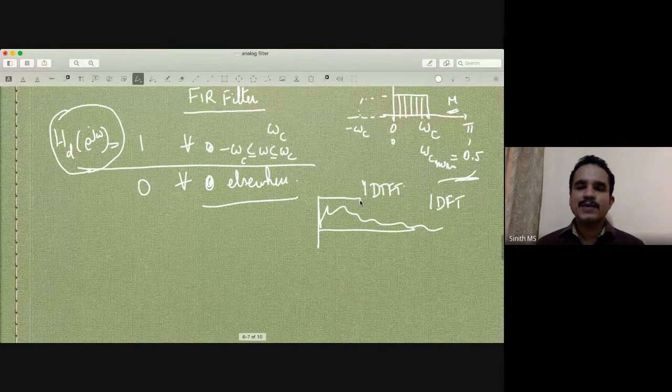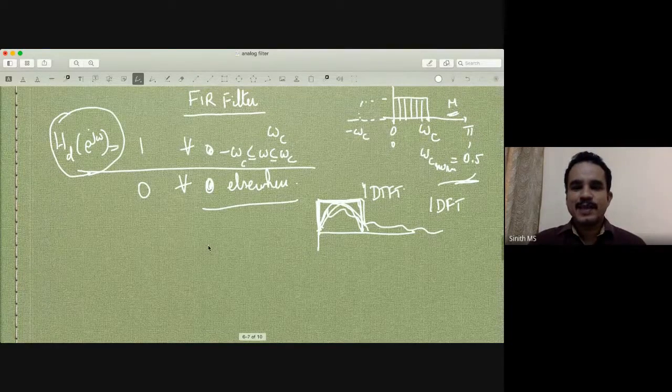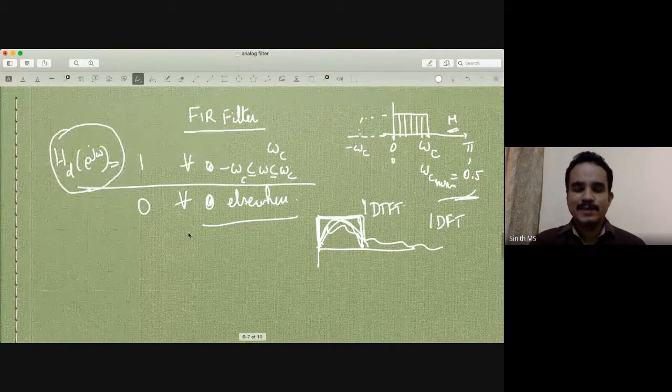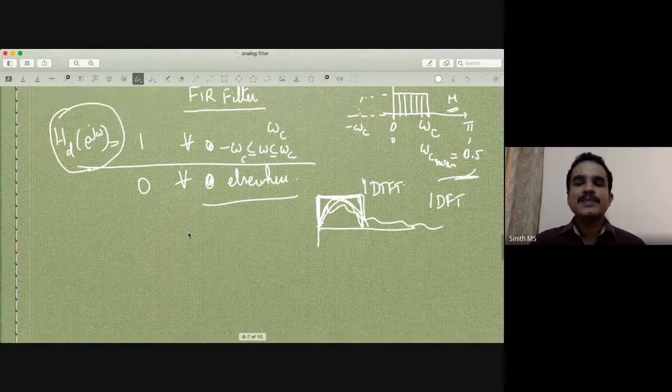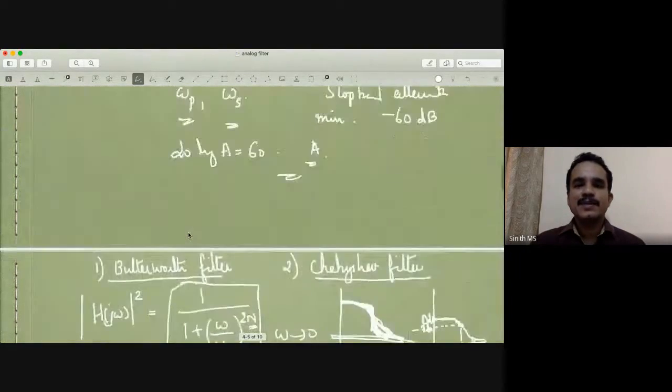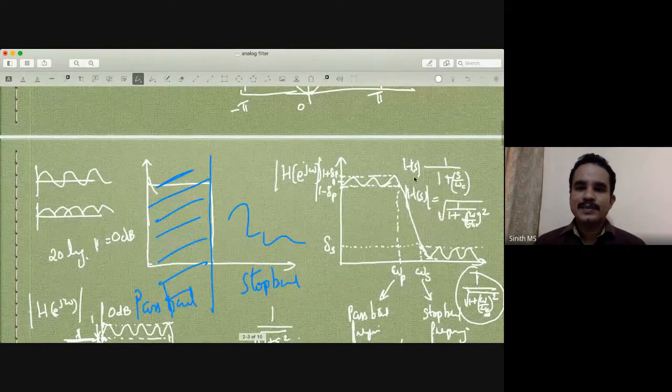So you take a window in the time domain. The window can be a rectangular window, or it can be another shape like a Hamming window, etc. We shall see more specifically what these Hamming window, Blackman window, etc. are. And also, given the specifications as mentioned here, how to design an FIR filter.